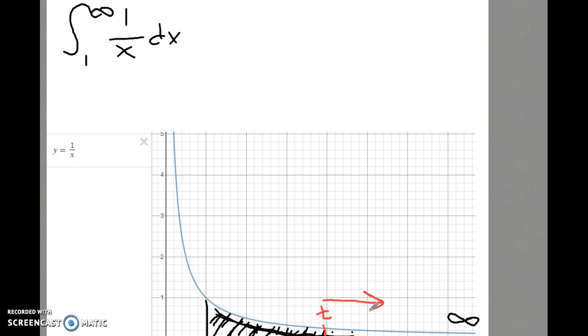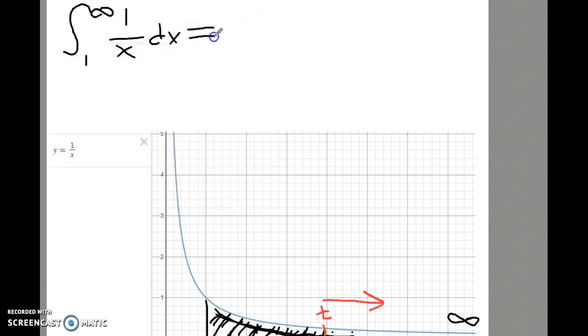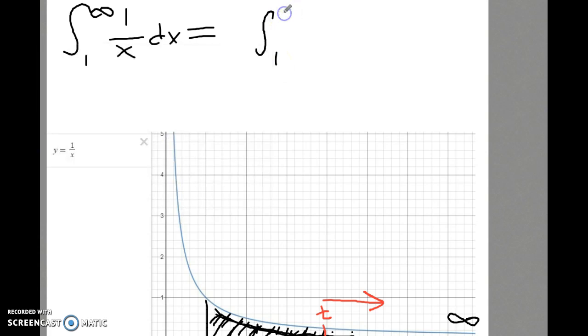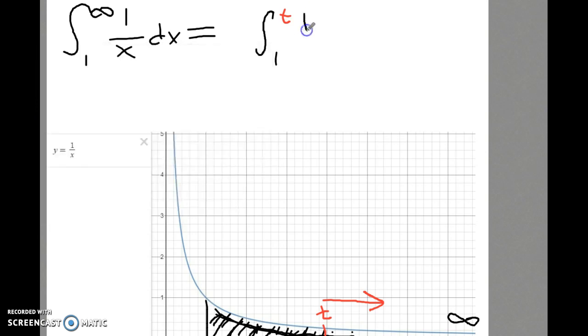So that way, let me change the integral up here. Let's say we think of it as the integral from 1 to t of this integral.